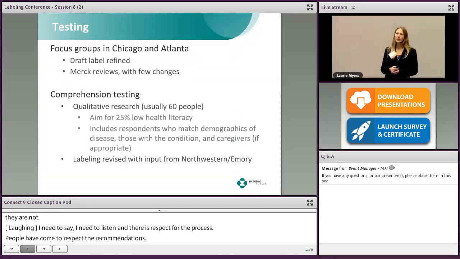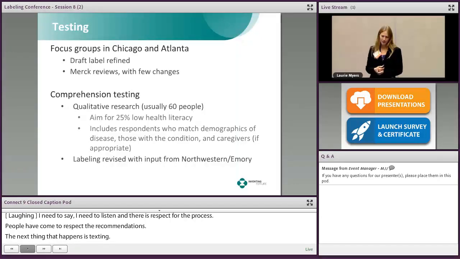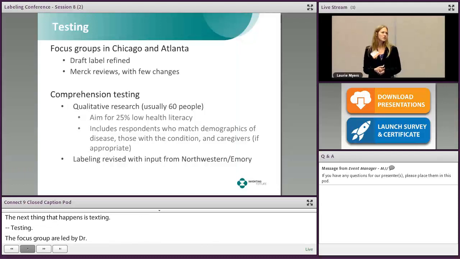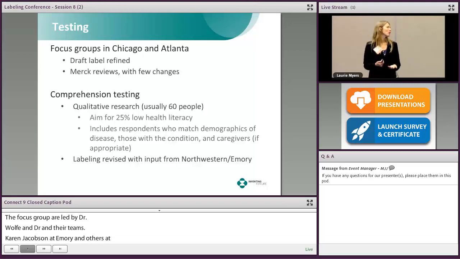So the next thing that happens is testing. And so this round, the focus groups are actually led by Dr. Wolf and Dr. Parker and their teams. Kara Jacobson at Emory and others at Northwestern as well have just been phenomenal. And so in focus groups, we really do 2 things.